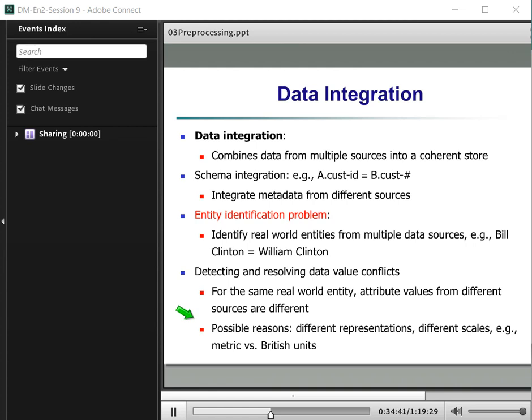I have different sources of data, and I want to work with them. I need to combine their data together to create a big picture from those data.